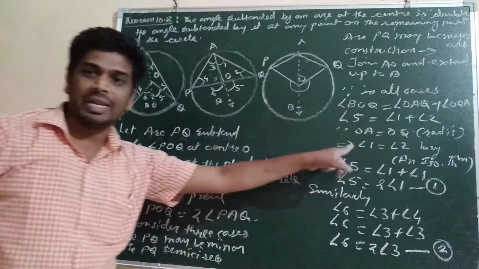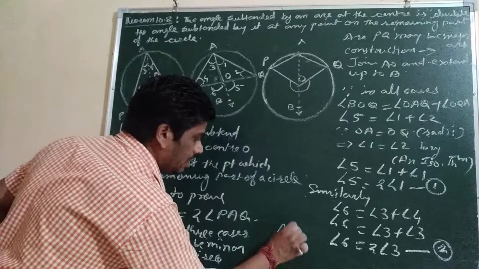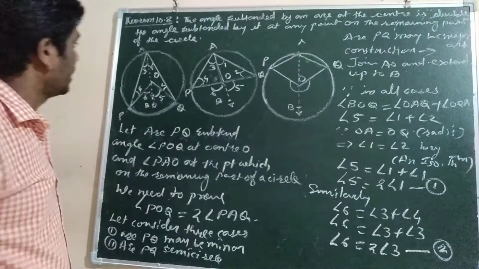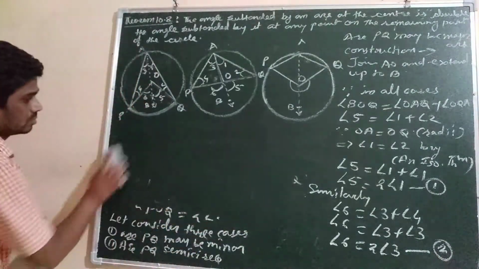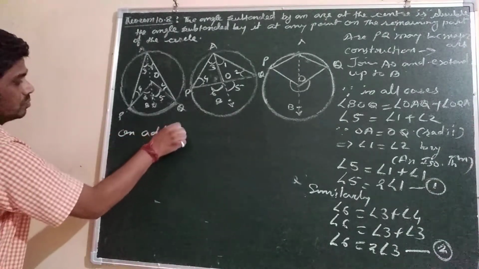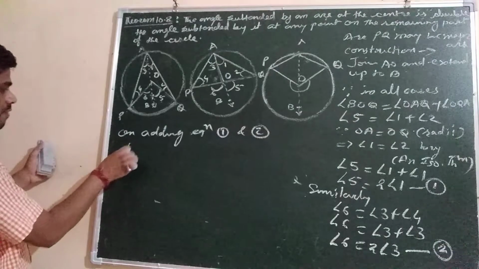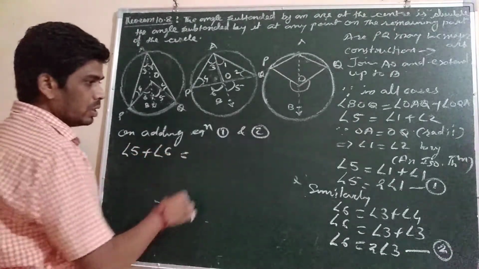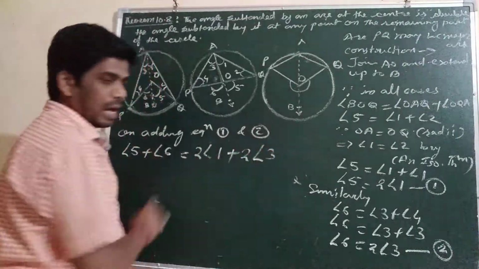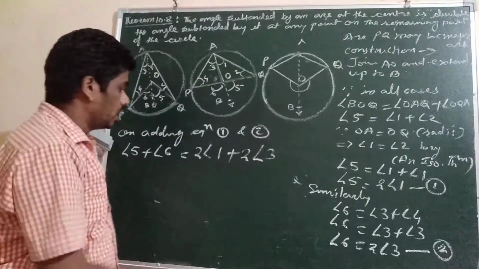So adding equation 1 and 2, on adding equation 1 and 2, we can write here angle 5 plus angle 6 equal to 2 times angle 1 plus 2 times angle 3. 2 we can take common.